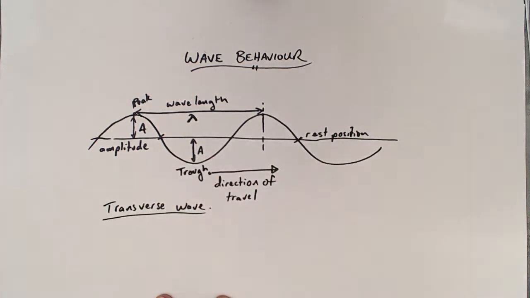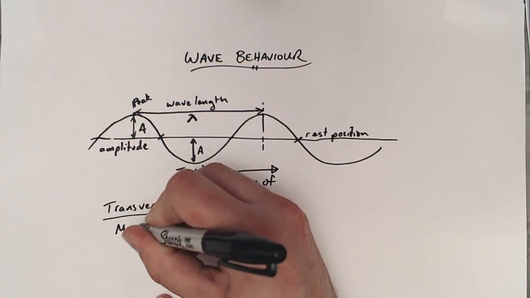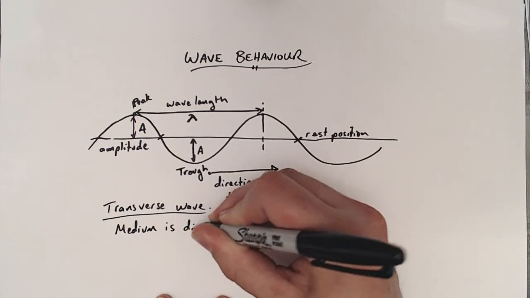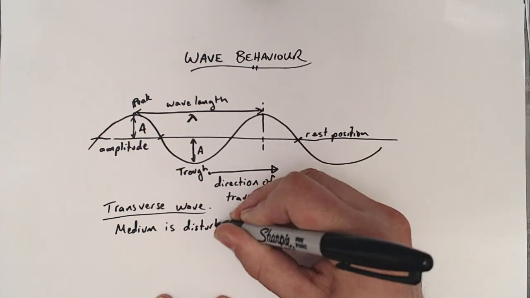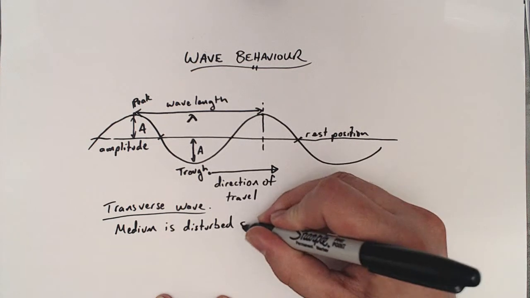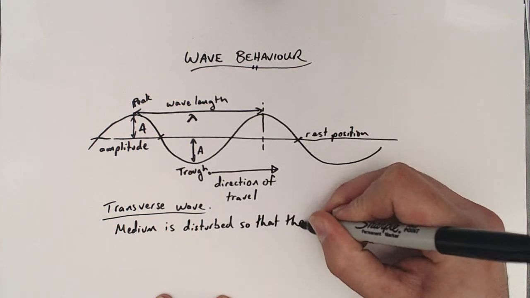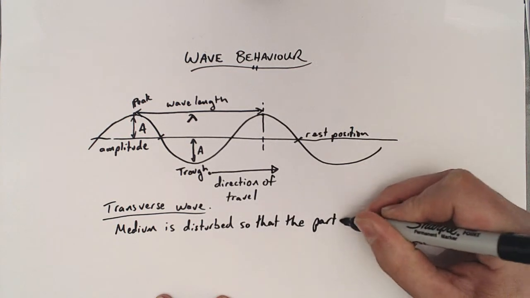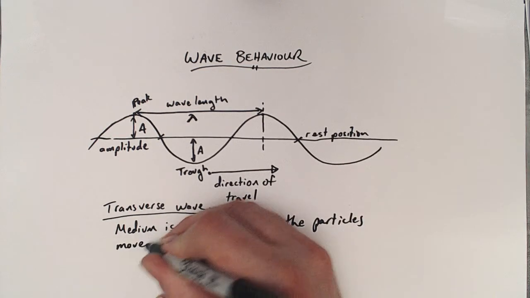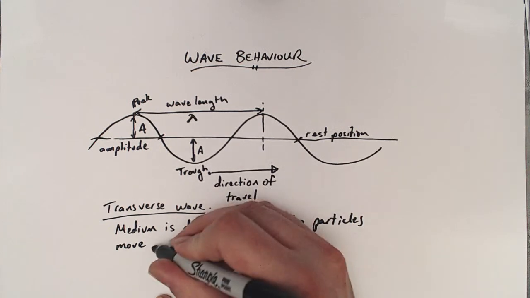And a transverse wave is a wave where the medium is disturbed so that the actual particles that make up the medium move in a way that they go perpendicular to the direction of wave travel.